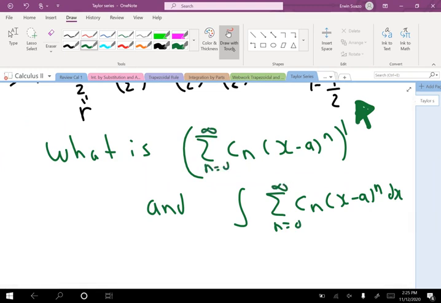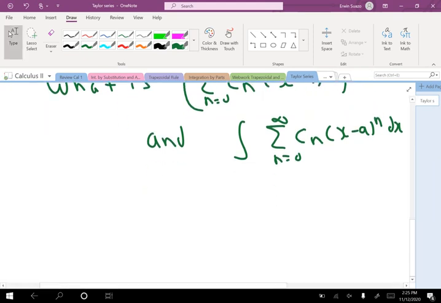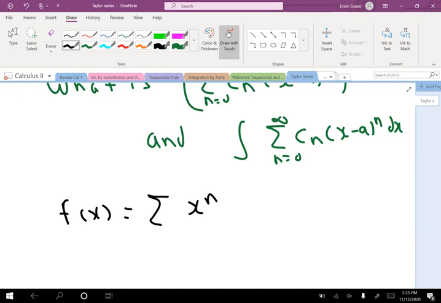Okay? And since you are engineers, you have a good intuition for this. So I'm going to ask you, if f of x is, let me give you just something like this, the sum of x to the n over n factorial, n equals 0 to infinity, what do you think will be f prime of x?